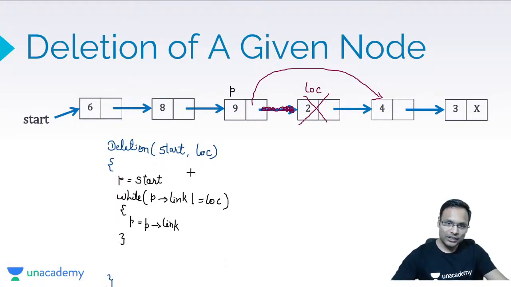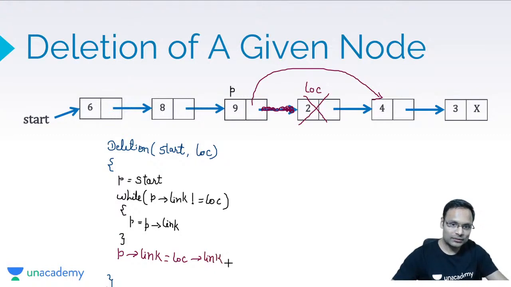Right, once P reaches here, after that I can update P ka link, which is currently equal to LOC. This one I'll have to update by LOC ka link. So LOC node is deleted.